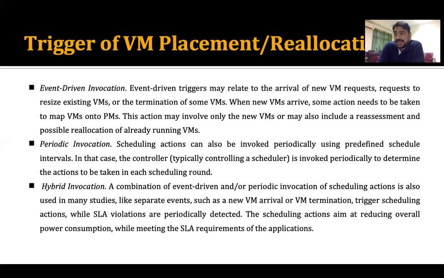At that particular time, I have to migrate some of the virtual machines to another physical machine. That is required when we do load balancing, and we look for those physical machines whose value is below the threshold value. The threshold value may be any value.